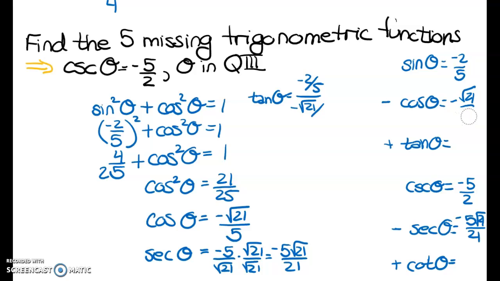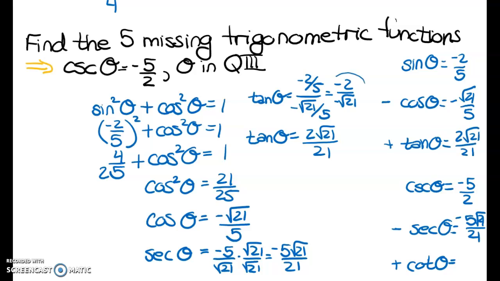Cosine has a 5 in the denominator. So this is going to reduce to negative 2 over negative radical 21. So I know tangent is going to end up being 2 radical 21 over 21 when I rationalize.